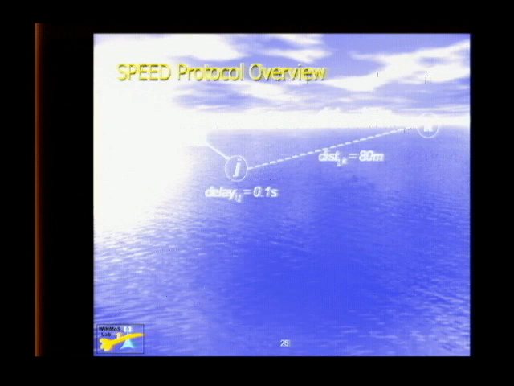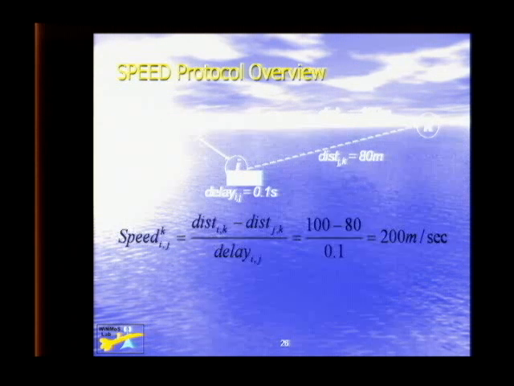So here is the SPEED protocol's operation. Here you have, for example, the packet going from I to J, and when it does, it covers a certain distance, let's say this much, on the projection of the path from I to K. If this, let's say, makes 20 meters of progress in 0.1 second, then you have 200 meters per second progress speed.